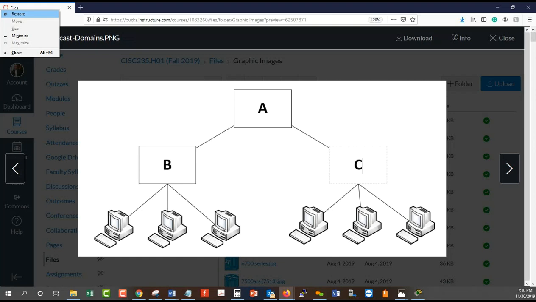All right, I'm going to throw in a little curve here. I have A is a router, B is a switch, C is a hub. How many broadcast? How many collision? A is a router, B is a switch, and C is a hub.